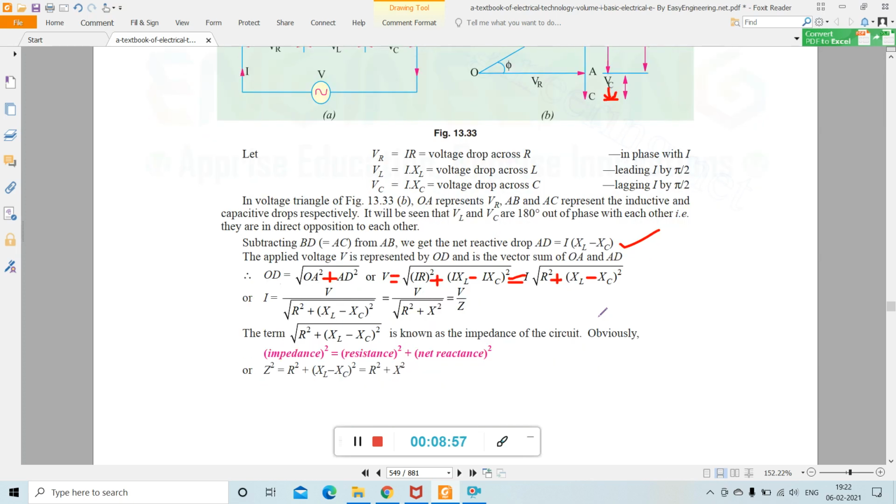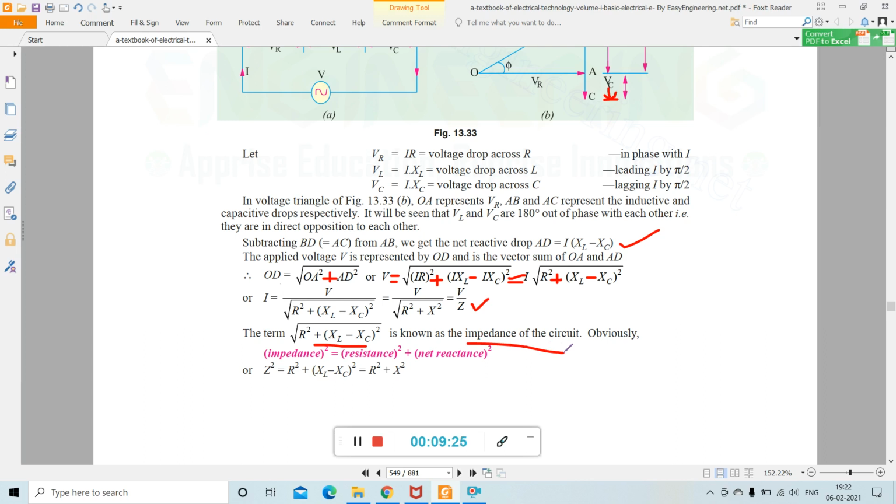So from this expression you can find I is equal to V divided by the square root of R square plus (XL minus XC) whole square, and it is equivalent to V divided by the square root of R square plus X square, and it is V by Z. The term square root of R square plus (XL minus XC) square is known as the impedance of the circuit.